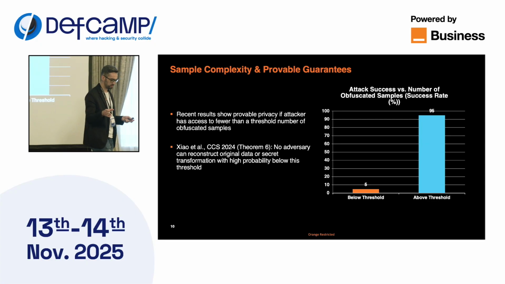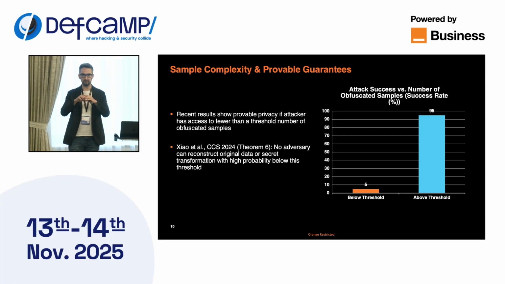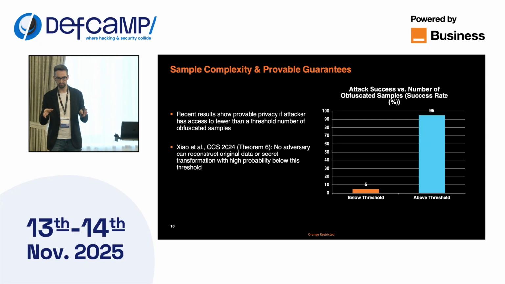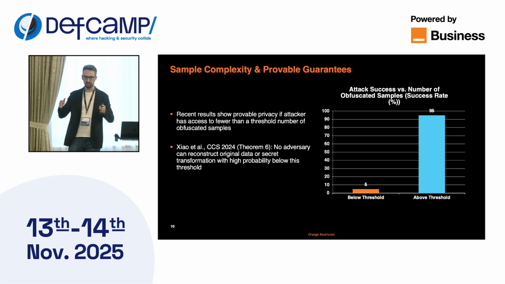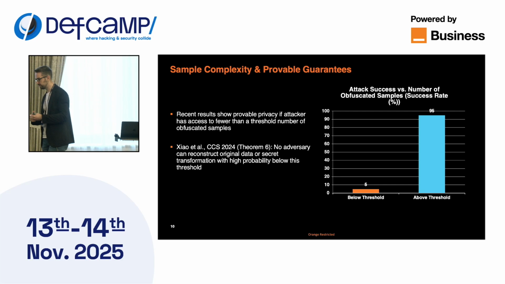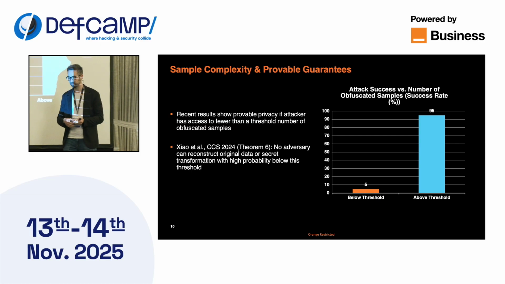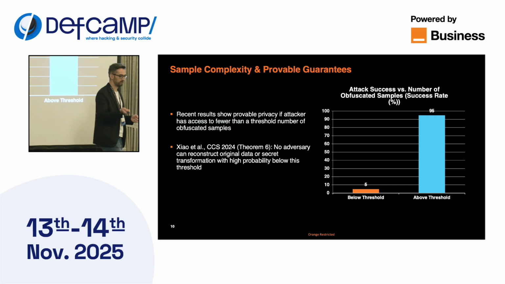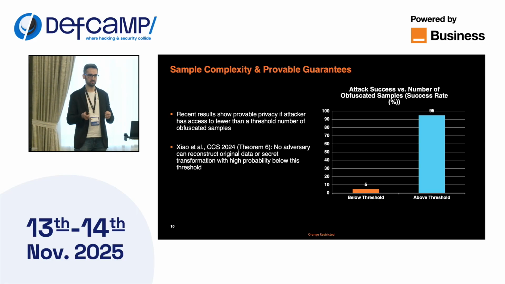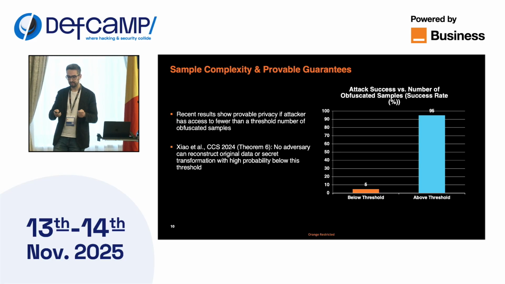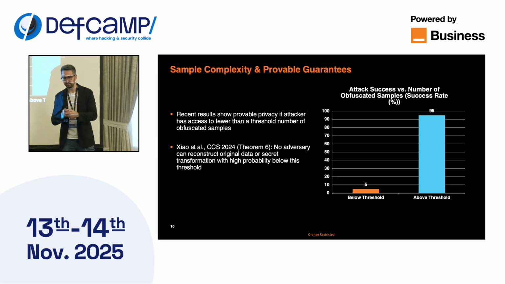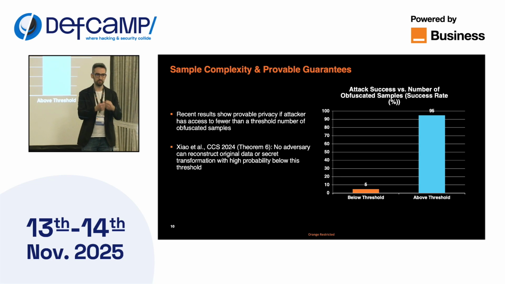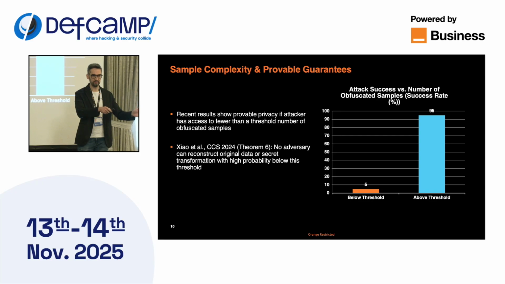What this paper is about: they design a general learnable obfuscation method by combining all 3 building blocks. And they were able to formally prove that an attacker cannot reconstruct the data, so it's only about the reconstruction of the data. An attacker cannot reconstruct the data if the attacker does not have enough examples of plain text and obfuscated data.